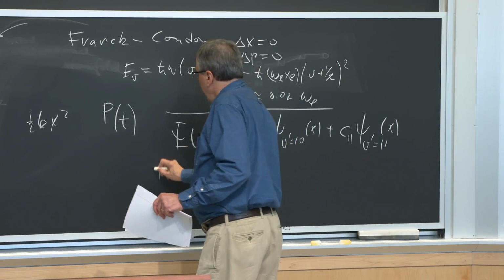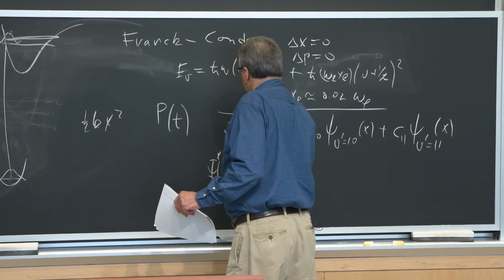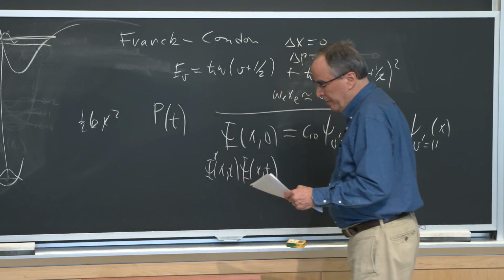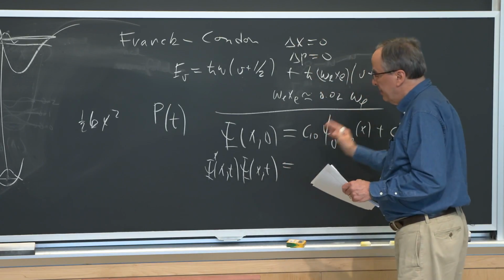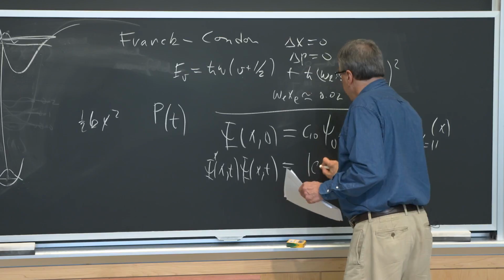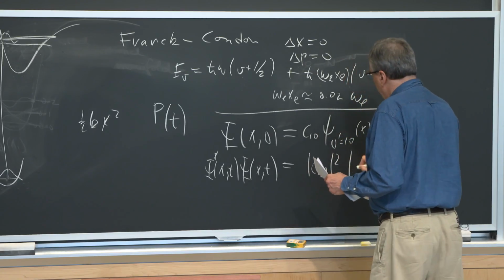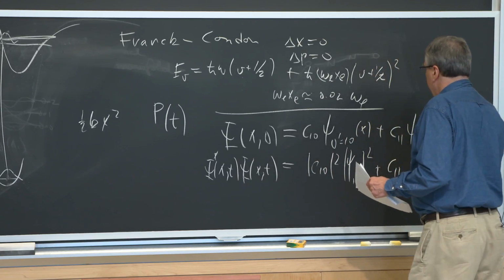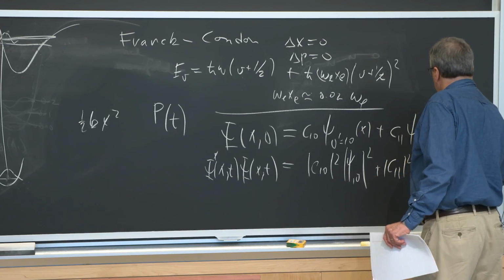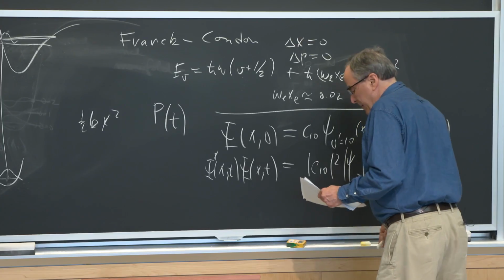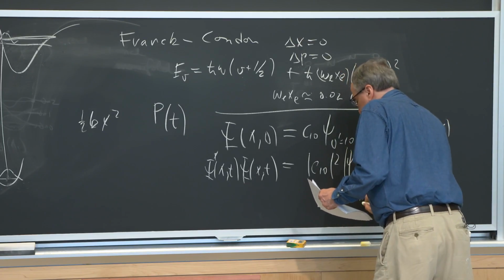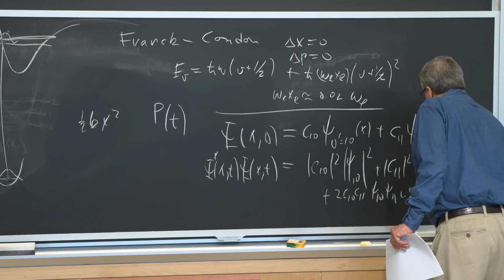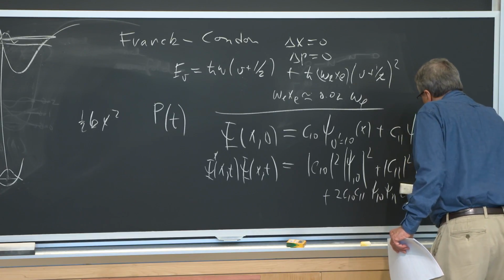So we know immediately that psi star t psi t, this probability, is C10 squared psi 10 squared plus C11 squared psi 11 squared plus 2 C10 C11 psi 10 psi 11 cosine omega t. That's not very legible.